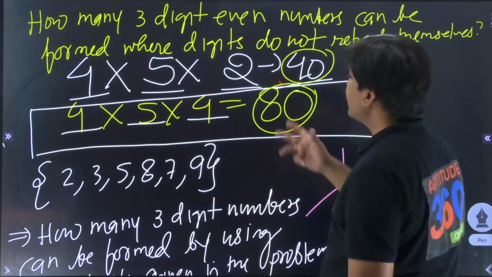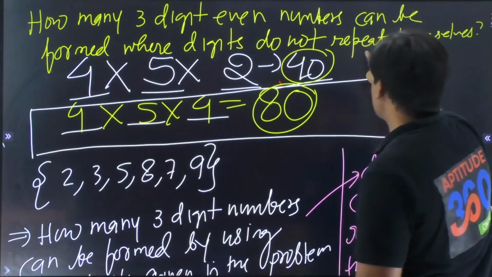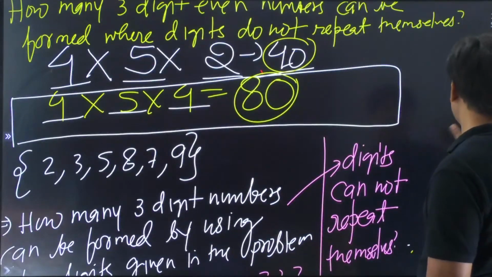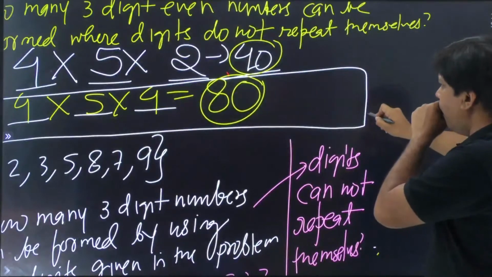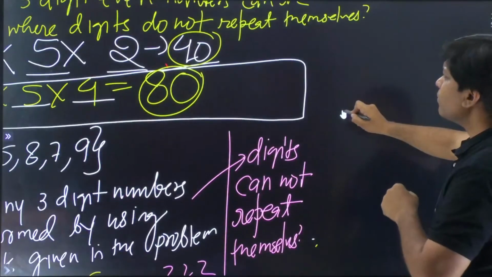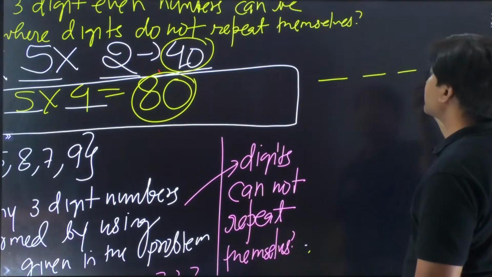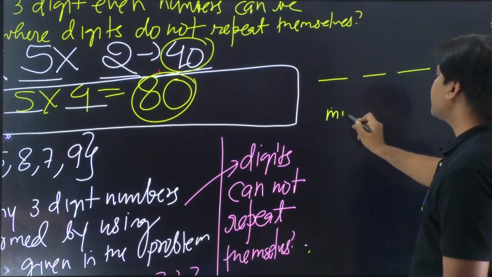अगर मैं पूछता, इसी वाले प्रॉब्लम में, how many 3-digit numbers you can form? My bad. Hold on a second. How many 3-digit numbers can be formed? There are multiples of 5.